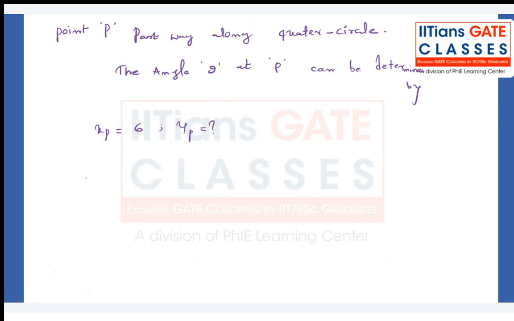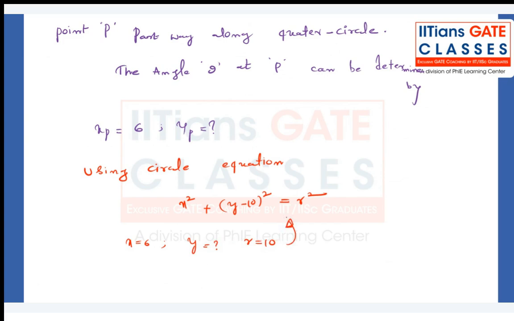Using the circle equation, how can I write it? x square plus y minus 10 whole square is equal to r square, right? Substitute x equal to 6 and r equal to 10, where y we don't know, in this equation.